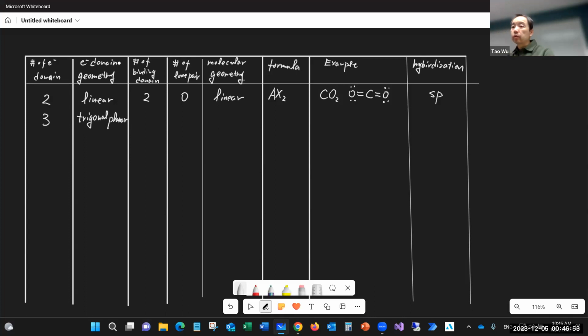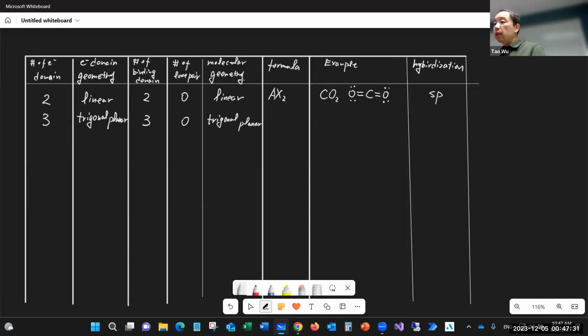Then we're going to have variations. If the electron domain has three bonding domains and no lone pairs, which means everything is visible, then the molecular geometry will be exactly the same as the electron domain structure, trigonal planar.